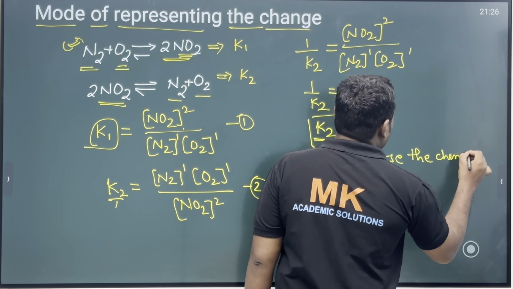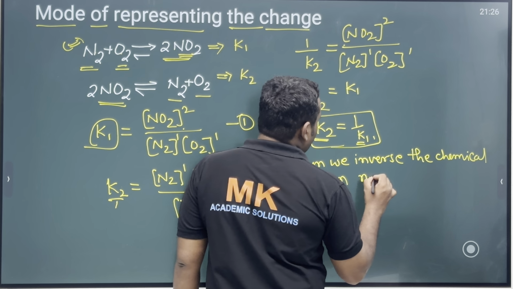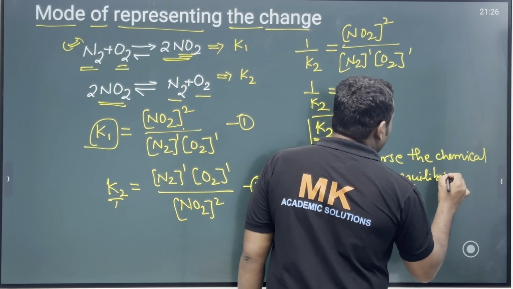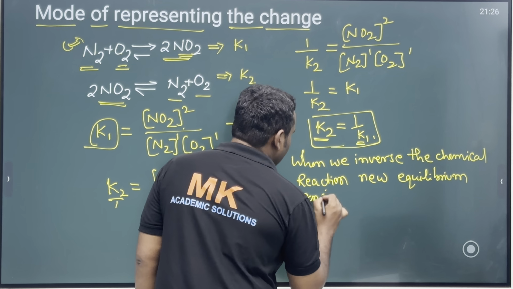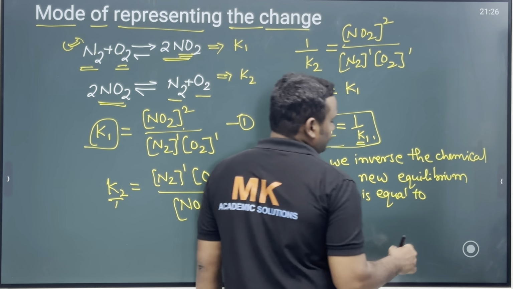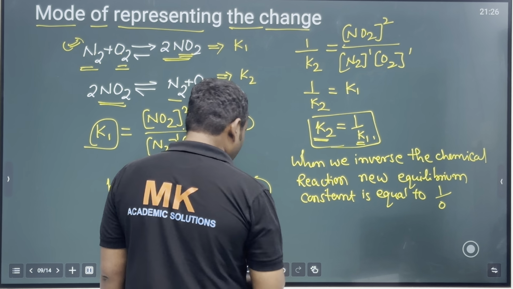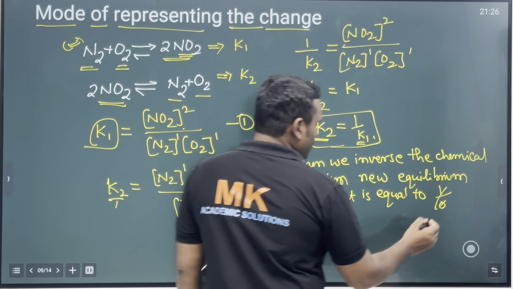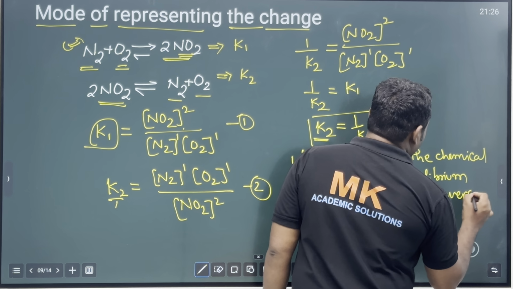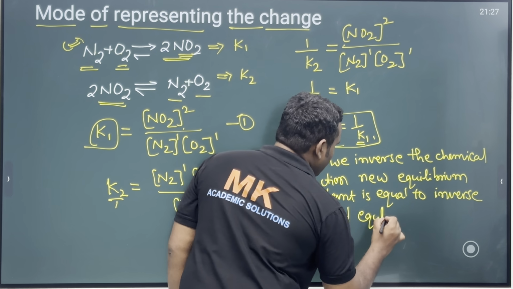So when you inverse the chemical reaction, the new equilibrium constant is equal to 1 by the old, or simply you take the inverse of the old equilibrium constant.